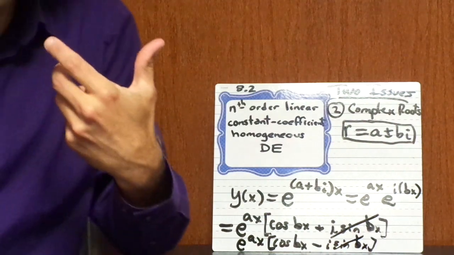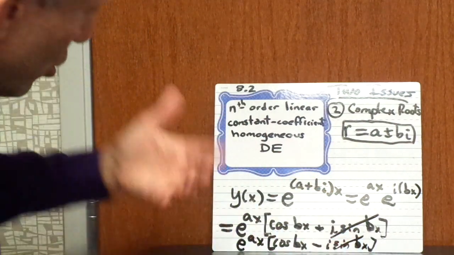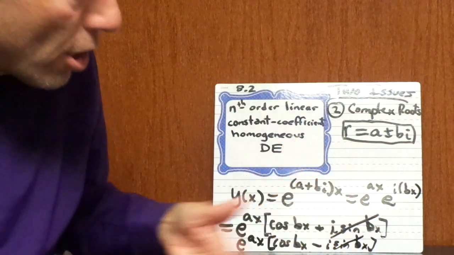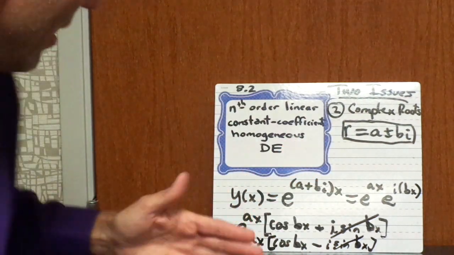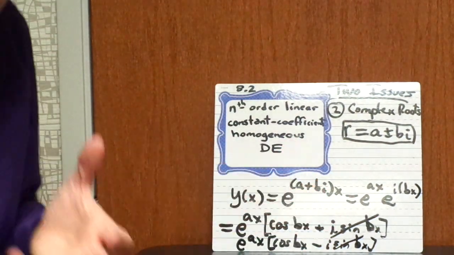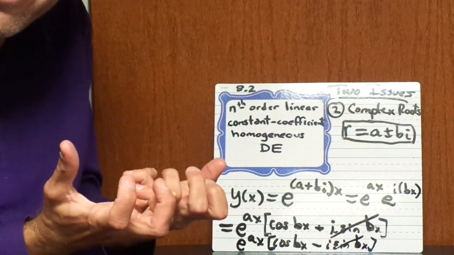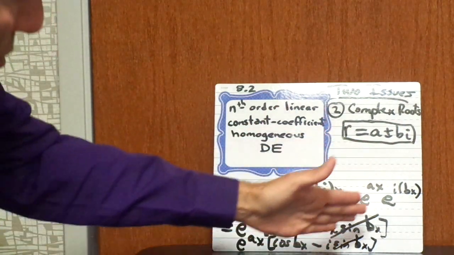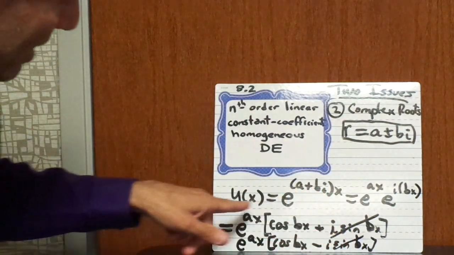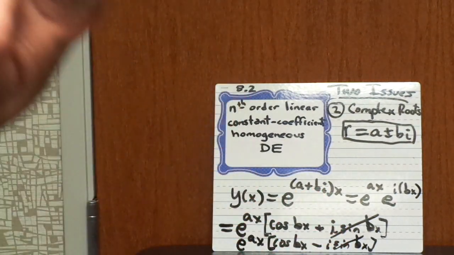And remember that we're talking about a subspace here. The solutions to our differential equation are closed under addition. So I can take these two solutions, both of which have i in them, add them together, which cancels the imaginary part, and leaves me with just the real part.